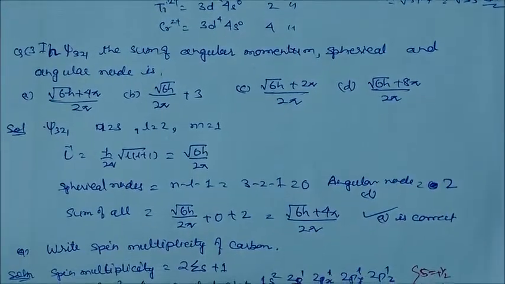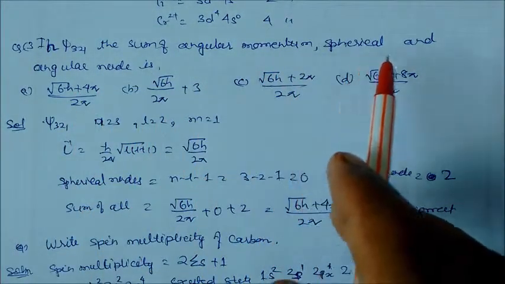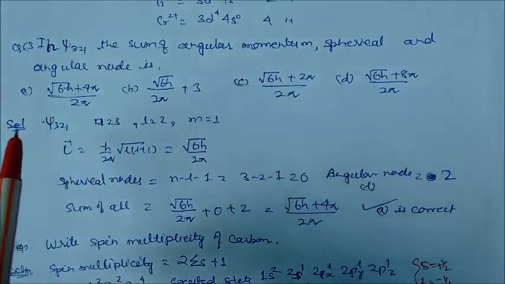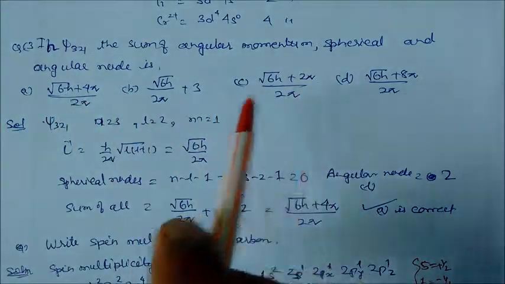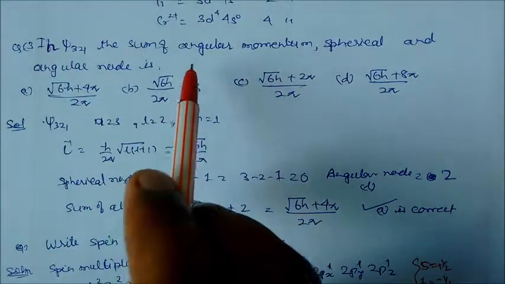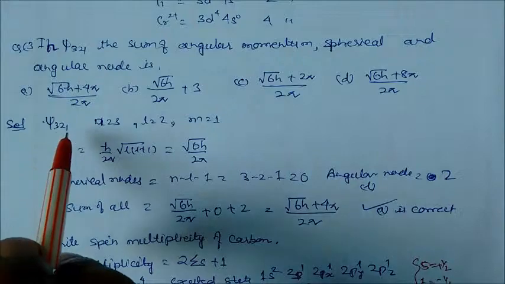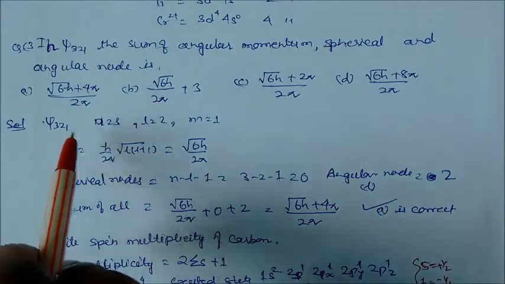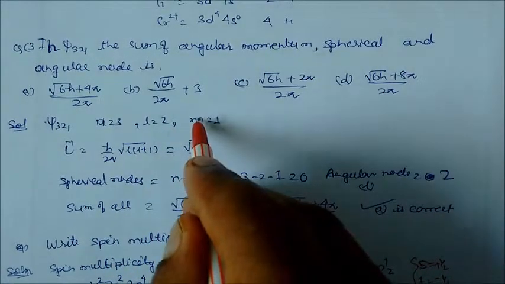Now, in psi 321, the sum of the angular momentum, spherical and angular node is what? So here 4 is given, root 6h is given here. Let us solve it. First we have to find the angular momentum. So first write psi 321. 321 is nothing but the three quantum numbers n, l, m. So n is 3, l is 2, m is 1.